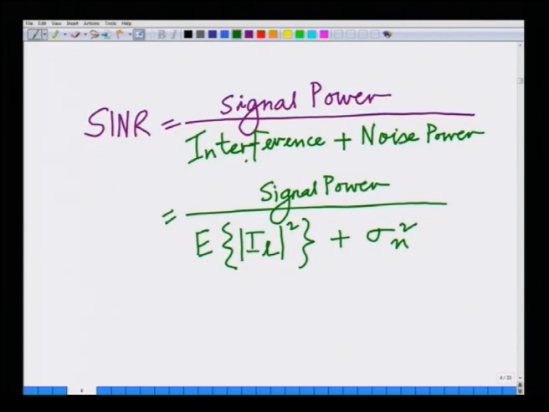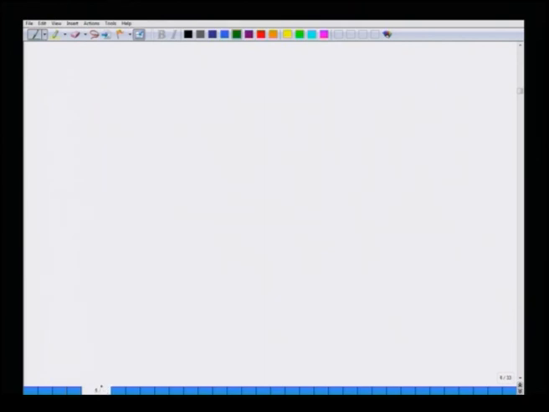Now let us start characterizing each term. First I want to characterize the signal power, then the interference power, then the noise power. So, let us start with the signal power.